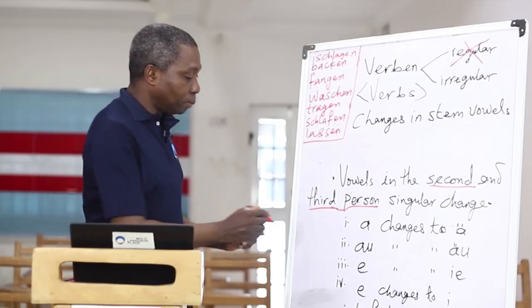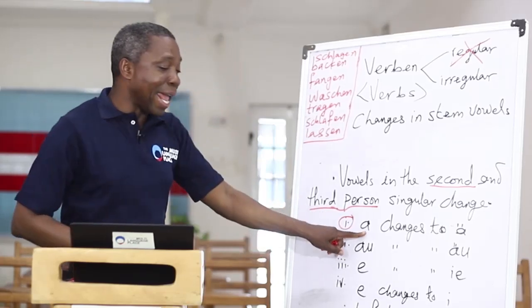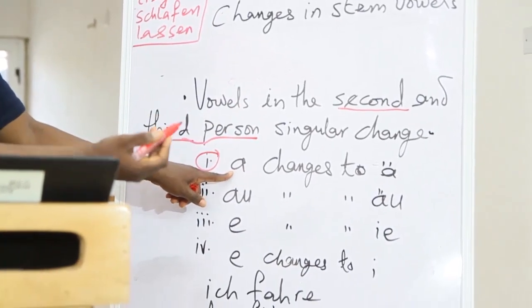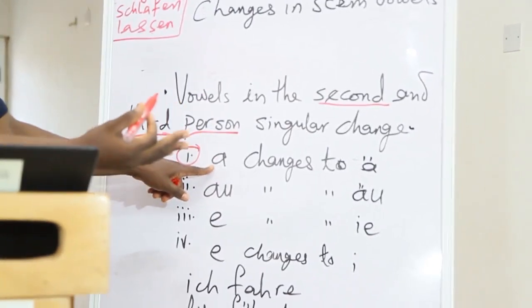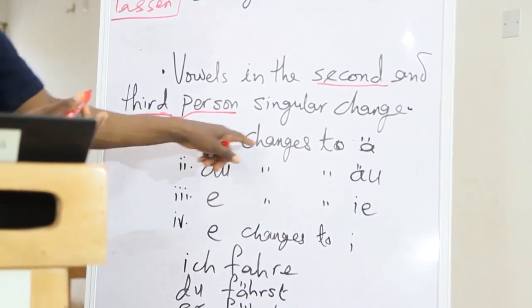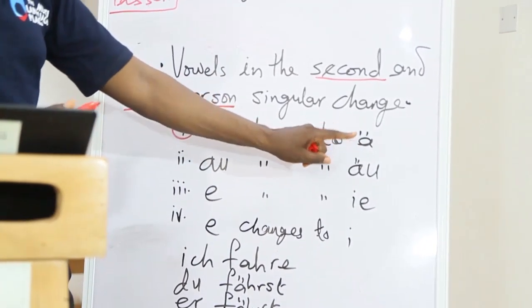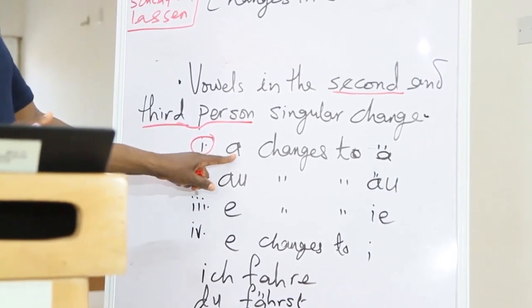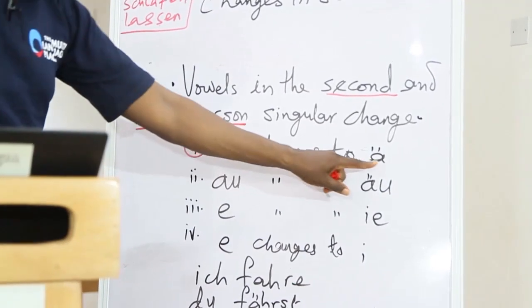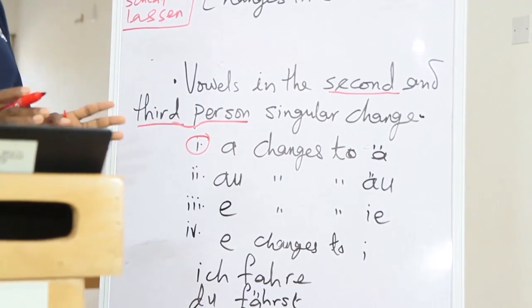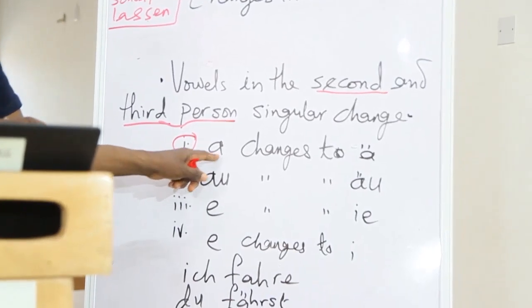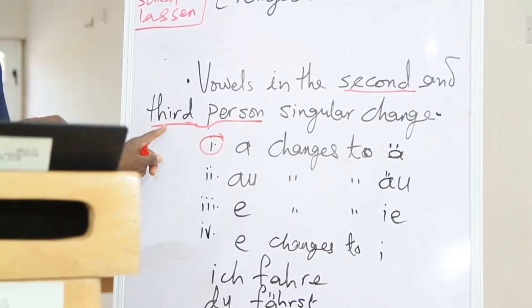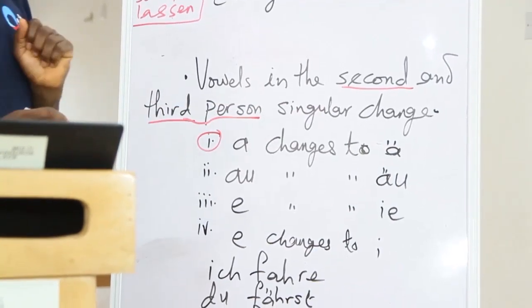The first one is the A in the stem of the verb. When you are conjugating it, we change to A with umlaut, and that pronunciation is now E. So repeat after me: A, E. That's the first category of the change. The A changes to E in the second and third person singular.